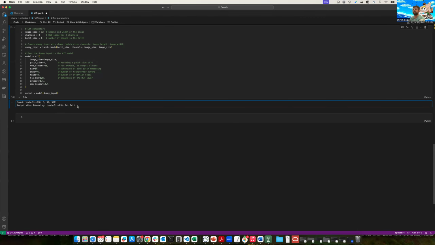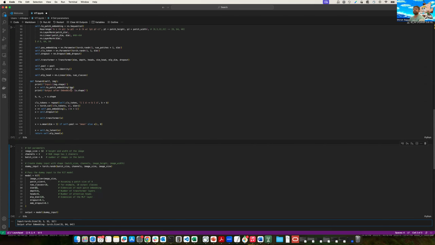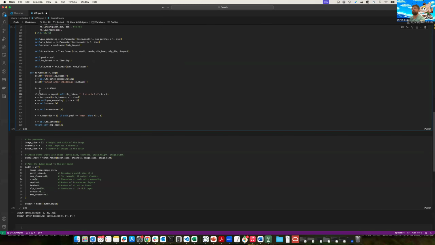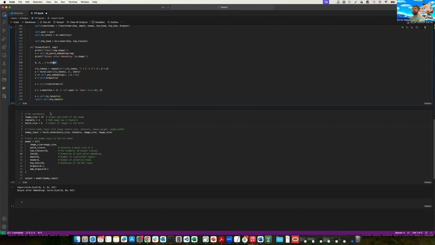See, it's 8 cross 64 cross 64, right? What we calculated as well. Now this is the shape we have already seen, right? So B will be 8, N will be 64.